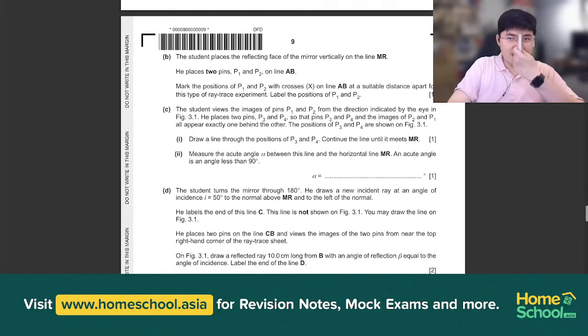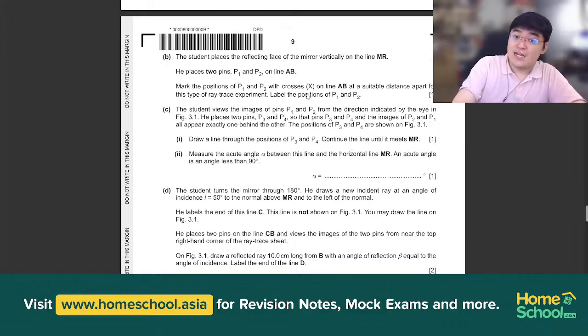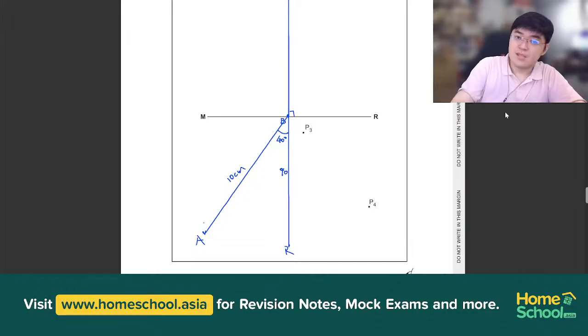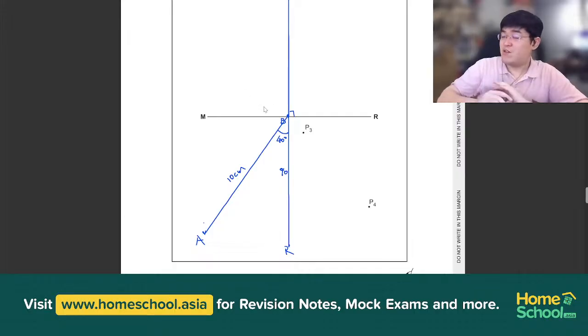All right. So he places 2 pins P1 and P2 on AB. So we are to mark the positions P1 and P2 with crosses X on the line AB, a suitable distance apart for this type of ray trace diagram. And we are to label the positions of P1 and P2. So basically for this sort of experiment, the 2 points that you want to measure from, you want to make it as far away from each other as possible.